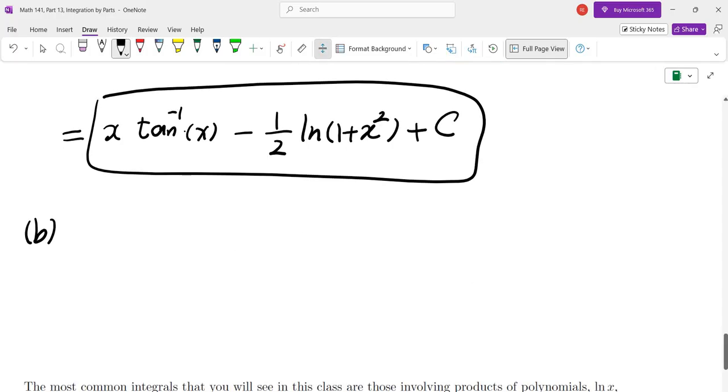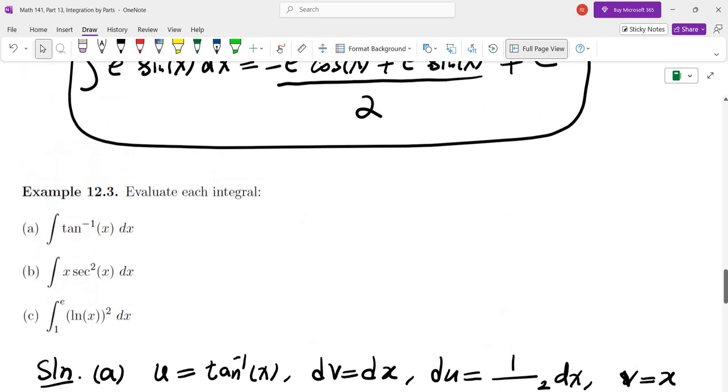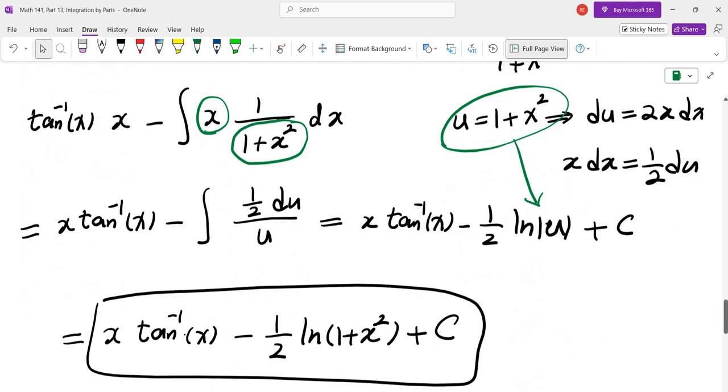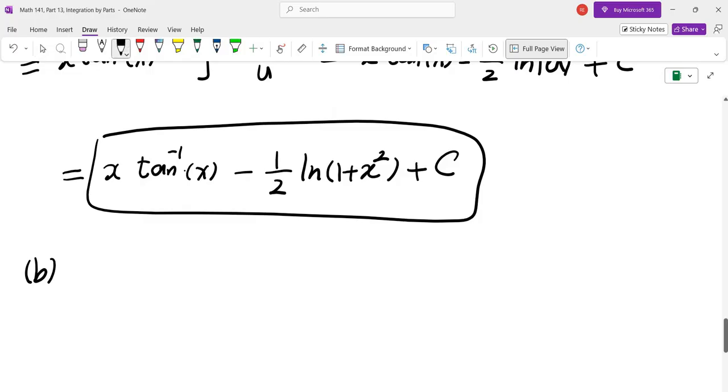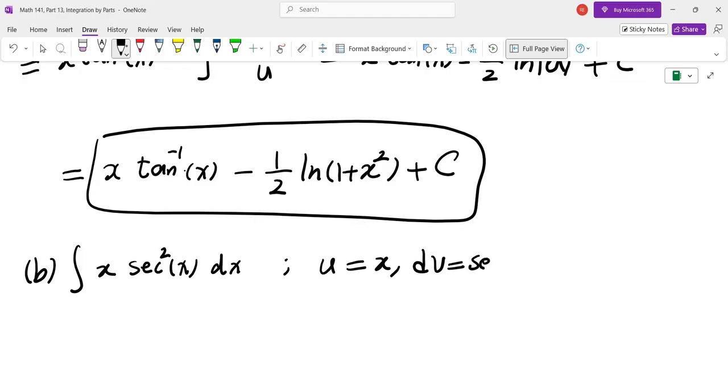Okay, let's look at the next part of this problem. The next part is x secant squared of x. So again, if we differentiate x, then we would be able to get something simpler. So for this, we're going to take u equals x, dv equals secant squared of x dx.